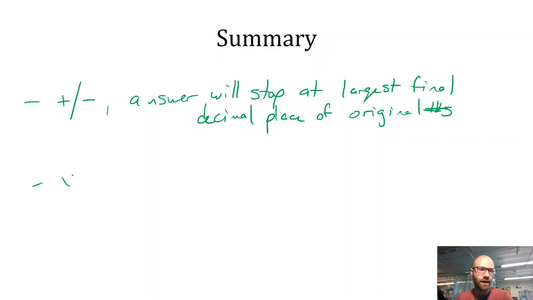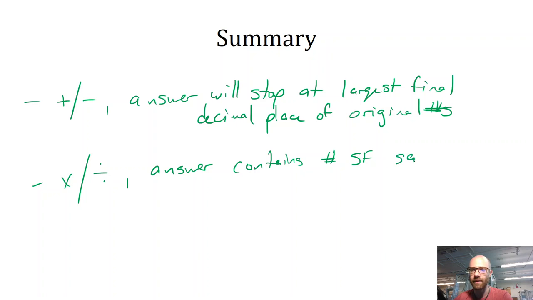And when you're doing multiplication or division, the answer contains a number of significant figures that is the same as the least precise. In general, this process improves with practice. So if it's not super clear yet, I imagine it will be shortly.